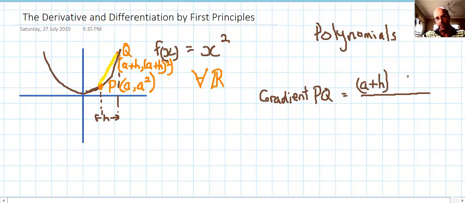is a plus h all squared minus a squared over a plus h minus a, and expanding, simplifying, cancelling and all that.